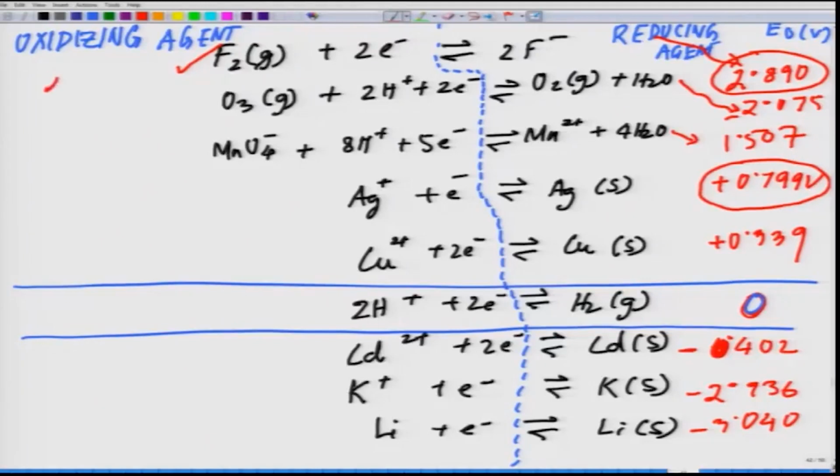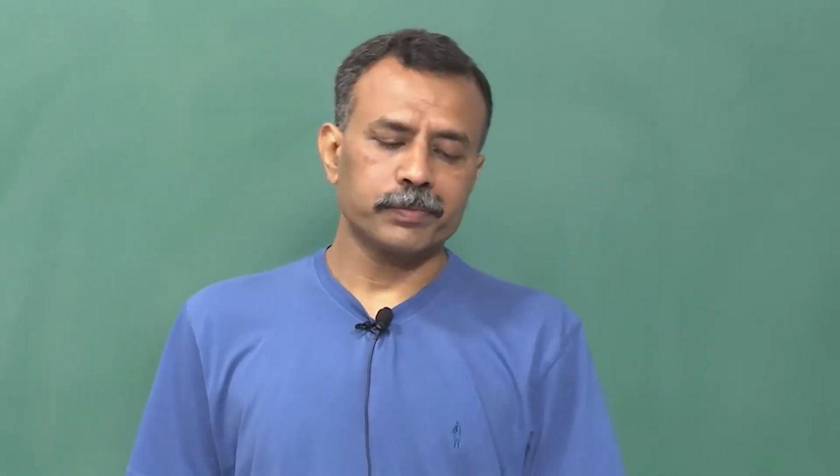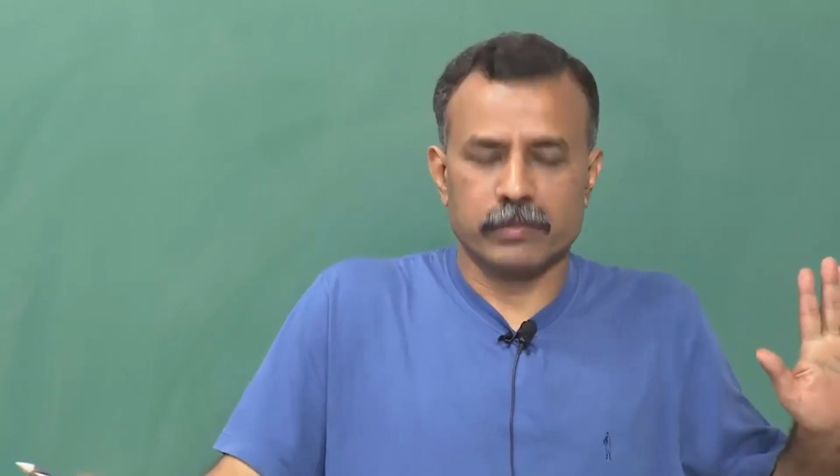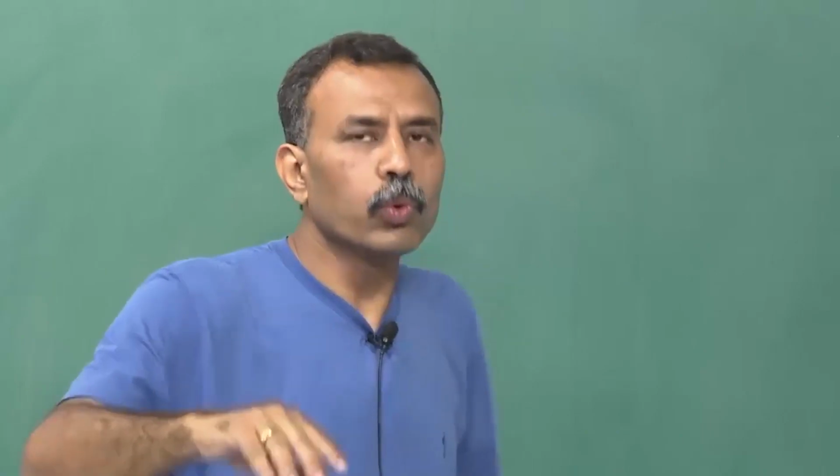So, let us write down the values: 2.890 volt, and you have silver 0.799 volt. Now, in this situation, say for example, I make a cell of silver and fluorine, just for the imagination's sake, and I ask you the question, who is going to pull the electron faster?